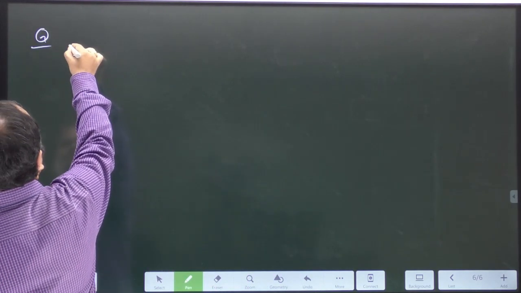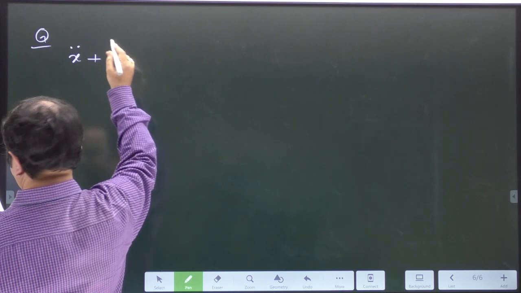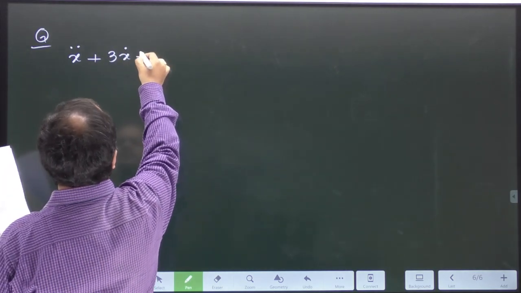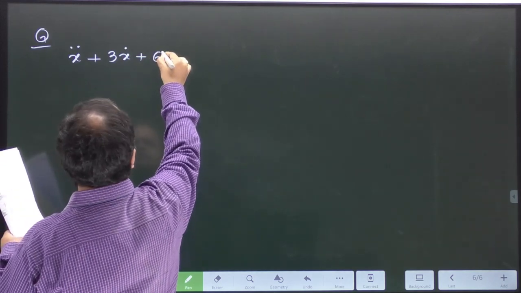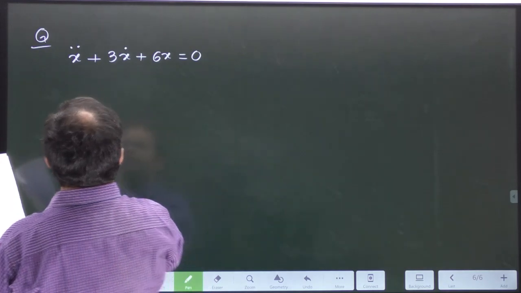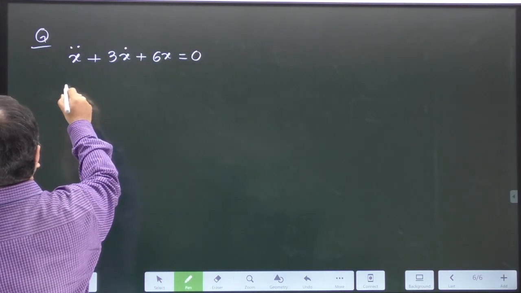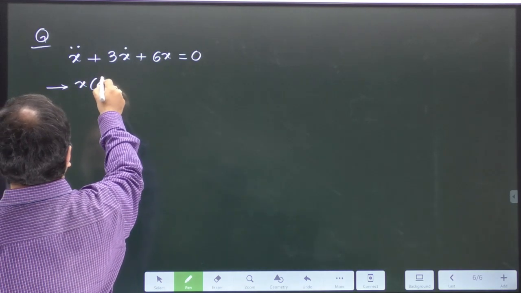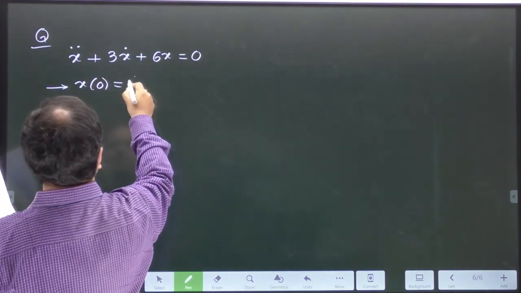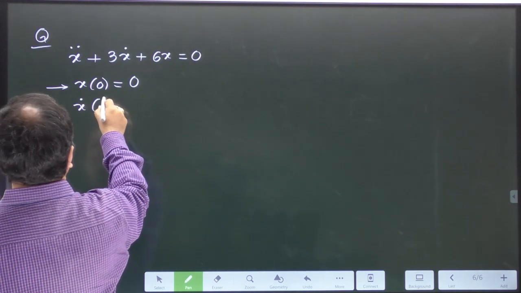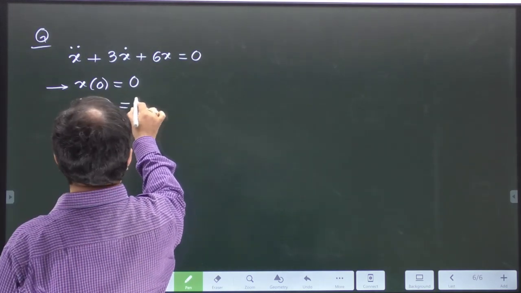There is a differential equation given, x double dot plus 3x dot plus 6x is equal to 0, and initial conditions x of 0 is 0, x dot of 0 is 3.